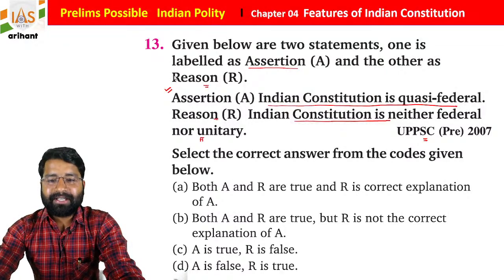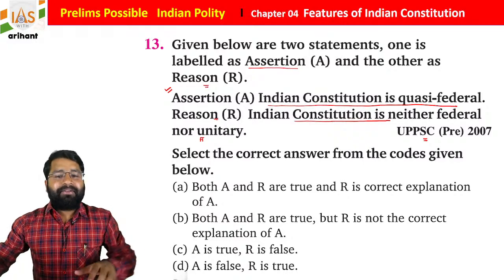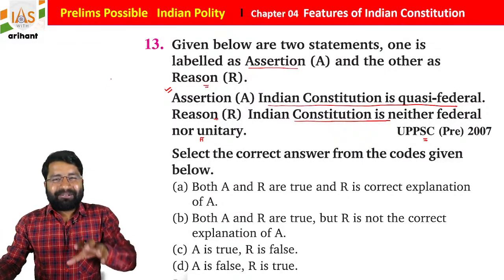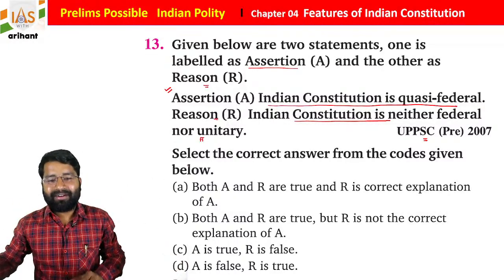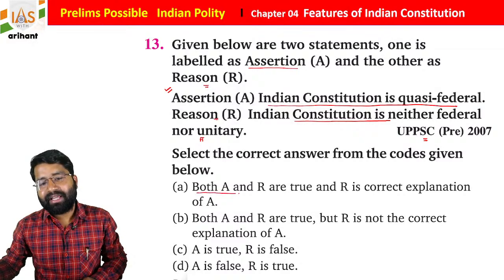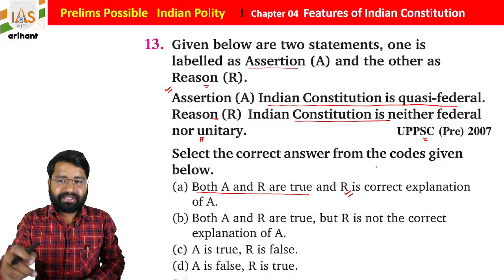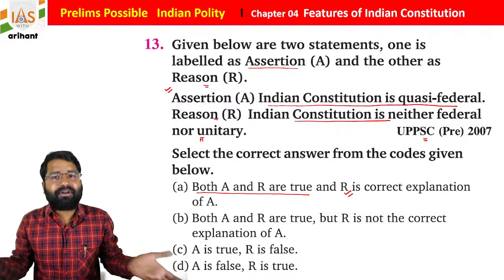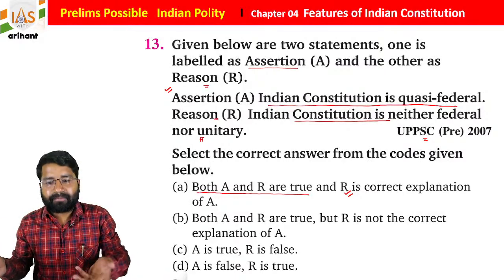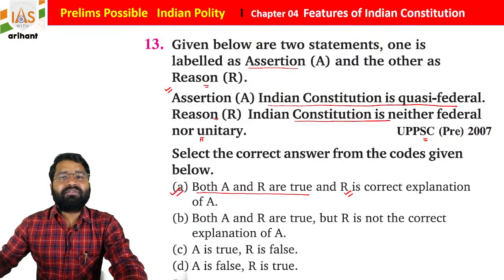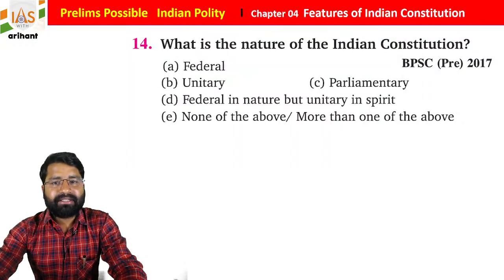The Indian Constitution is neither federal nor unitary, meaning somewhere we are federal, and somewhere we are unitary. So both A and R are true, and the reason is explaining that yes, we are quasi-federal because we are neither truly federal nor truly unitary. So statement 1 is correct for the same, students. Getting it? Simple, right?